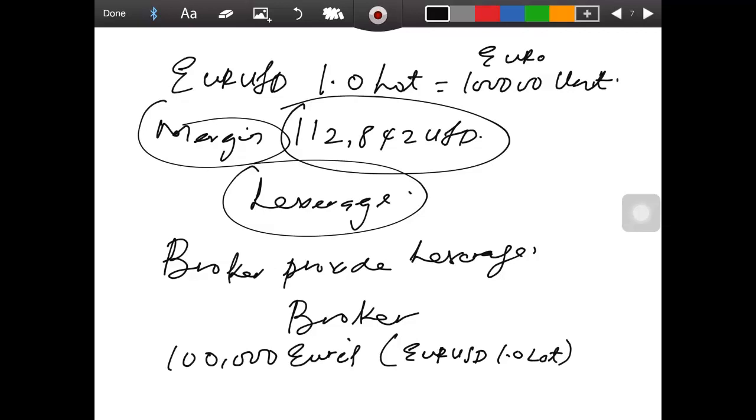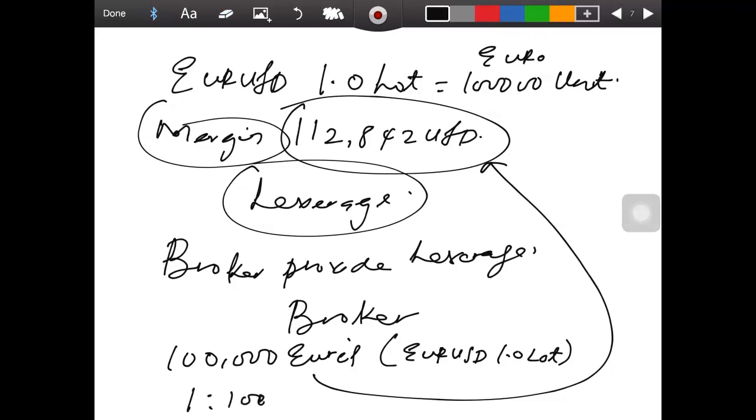Instead of you bringing $112,842, which is huge for a small dealer, the broker says, you know what, I will give you a leverage of 1 to 100.